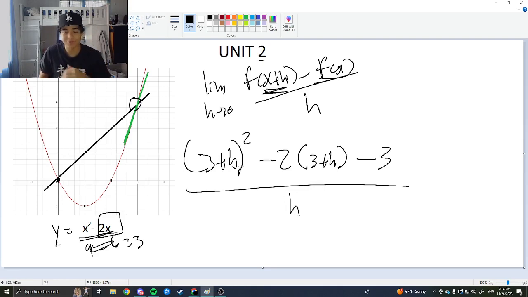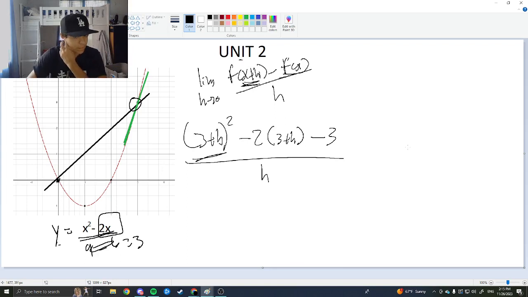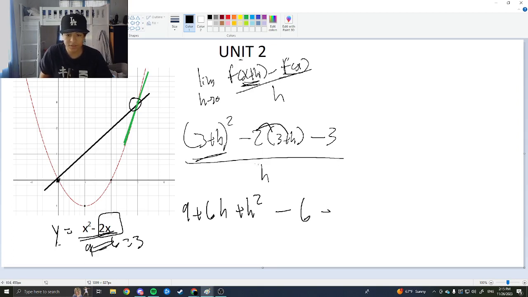Now we're going to simplify the top because we still can't plug our limit of 0 into this, because it'll still be over 0. So we have to simplify the top. If we multiply out our first term, we get 9 plus 6h plus h squared minus, then we distribute this 2, we get 6 minus, it's a negative 2, so it's minus again, minus 2h, and then minus 3 at the end, all over h.